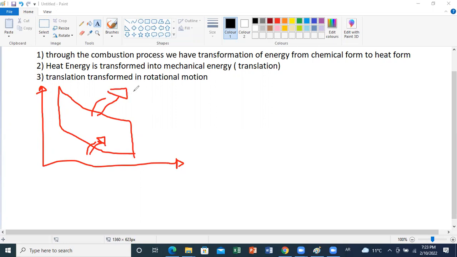Okay, and so this is W dot compression. So this is W dot expansion. We have energy released within the system due to combustion.